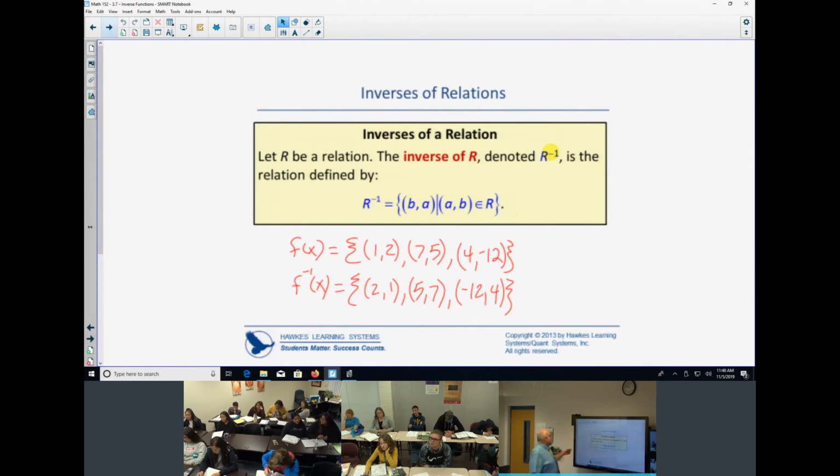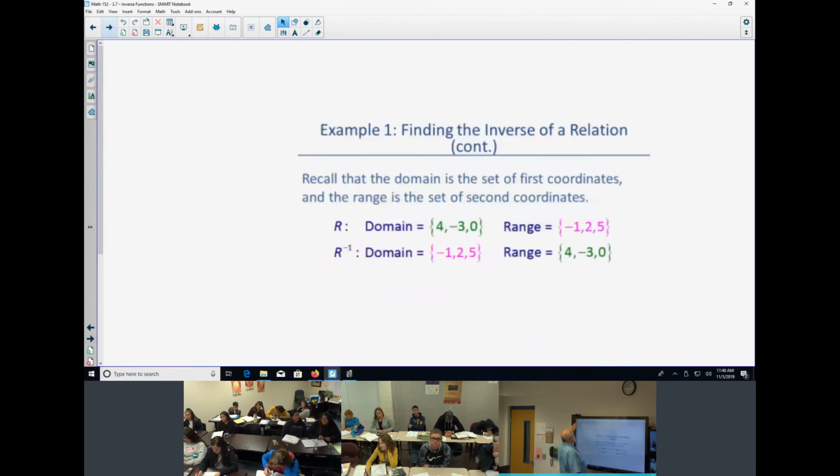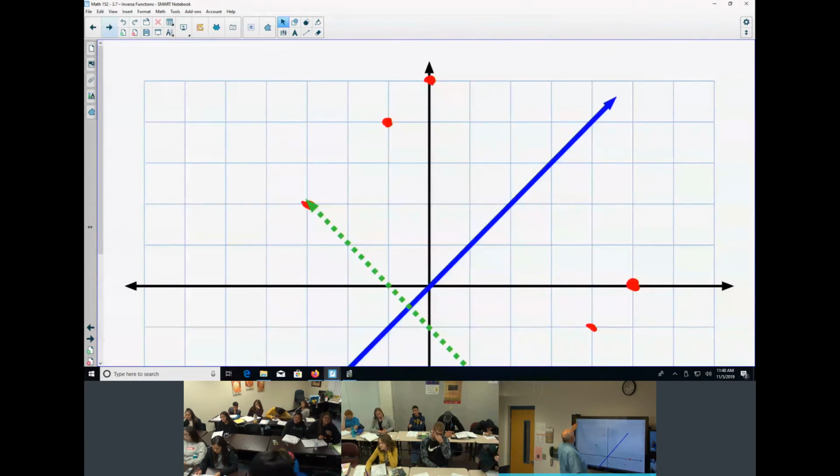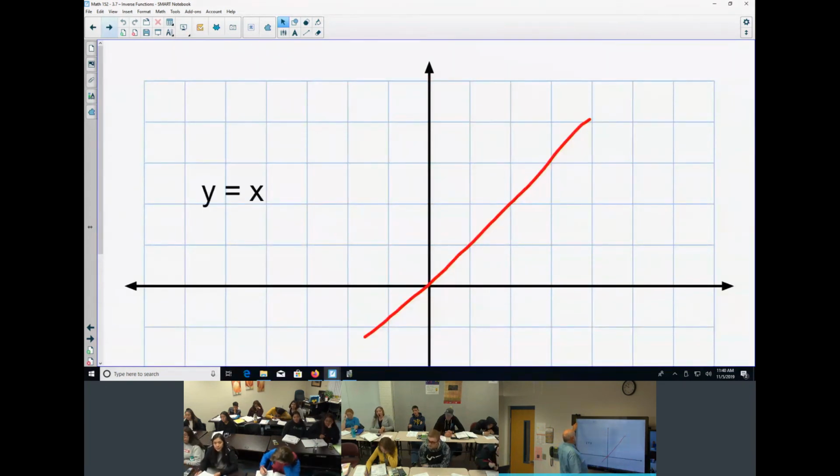All right, so on your practice problem, well, actually, before you do the practice problem, what I want you to do is draw this line, y equals x. Okay? Draw that line on the graph. Because when you draw a function and its inverse, it should be reflective through that line.